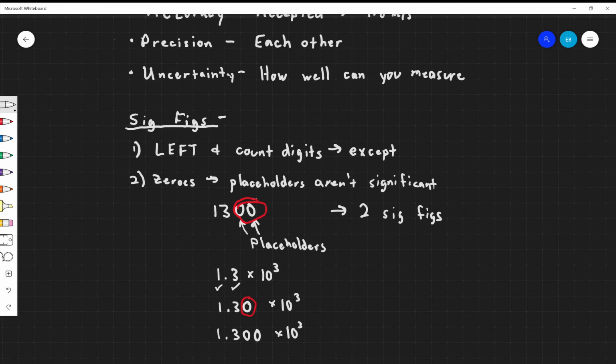Okay, and so on and so forth. So we have 2 sig figs here. We have 3 sig figs here. We would have 4 sig figs here. Okay. So we can be very clear on whether digits are significant or not by looking at the numbers themselves.